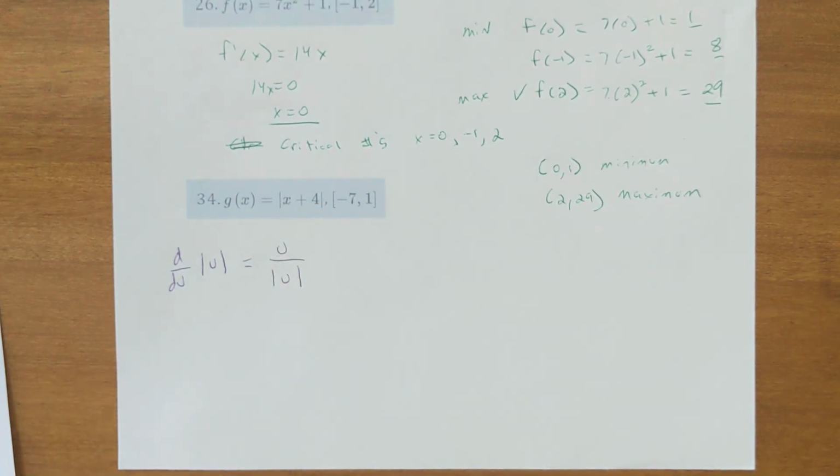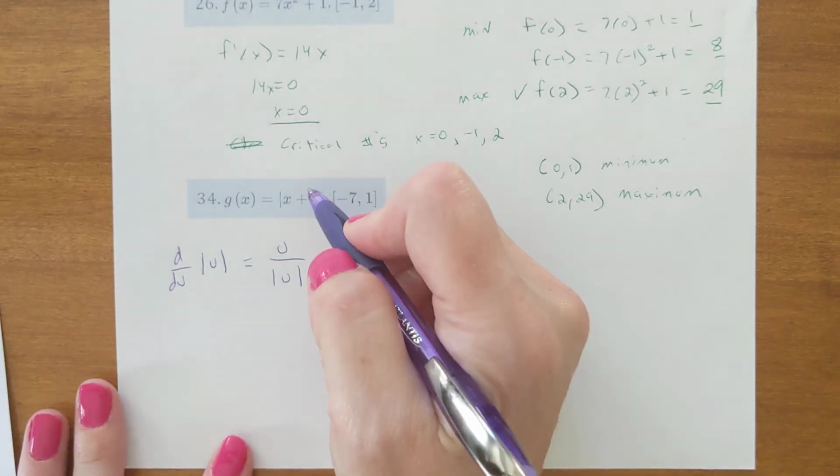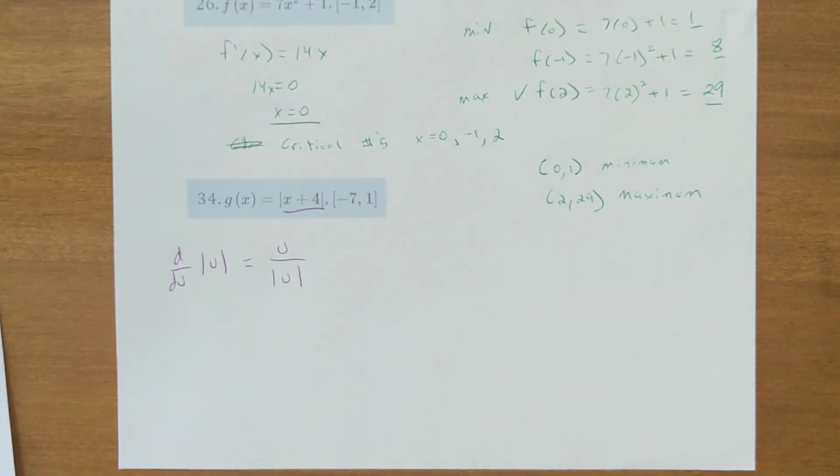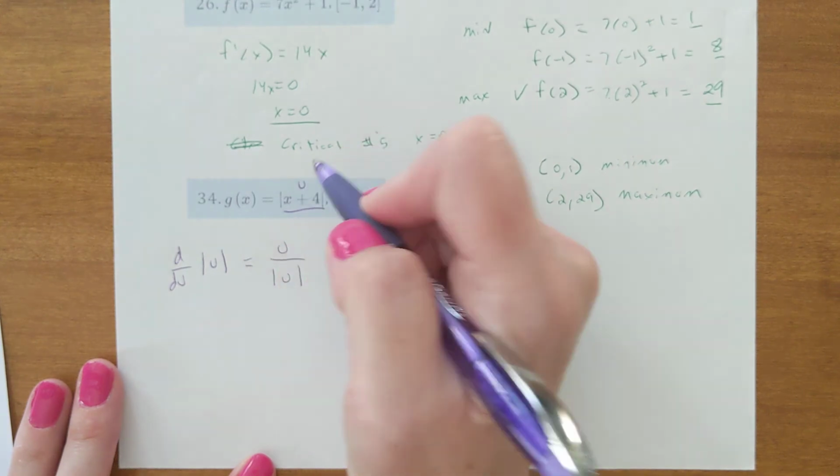Just like when we do the derivative of sine x, it's cosine of x, this isn't just the derivative of x or just u. It's the derivative of the absolute value of x plus 4. It still comes out pretty clean, but you've got to treat that like it's a u.